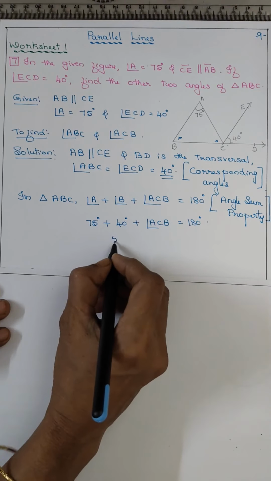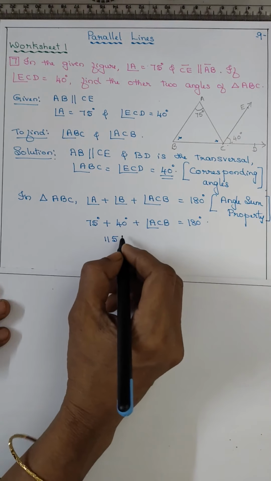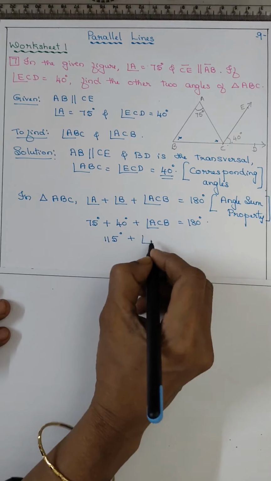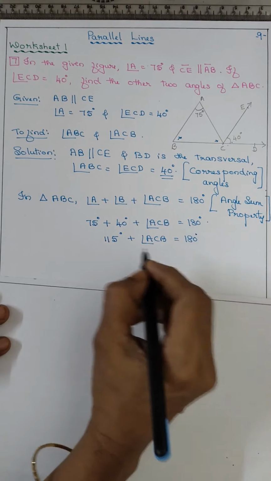So 75 plus 40 is 115, plus angle ACB is equal to 180 degrees.